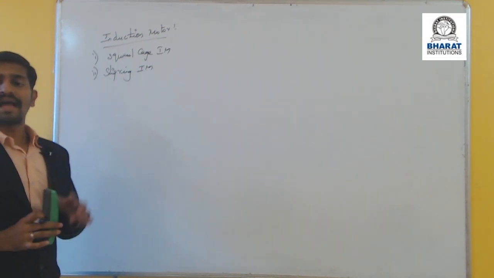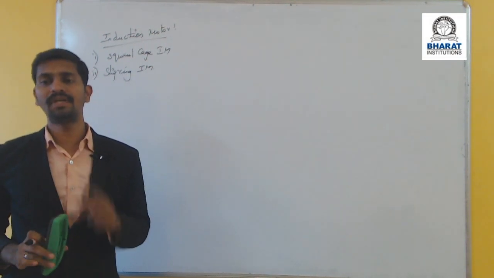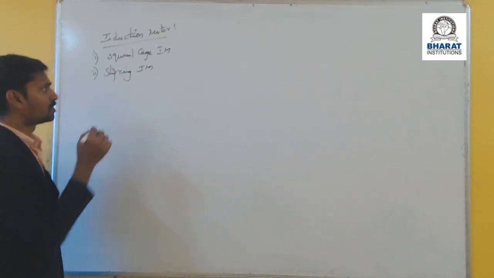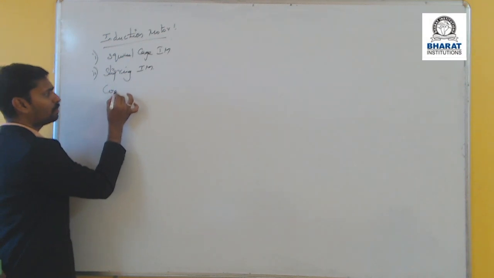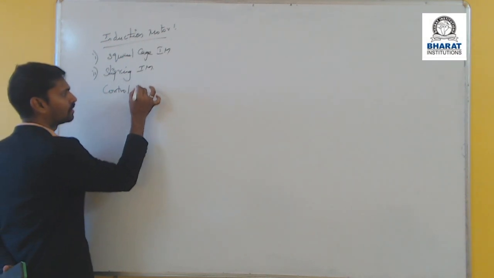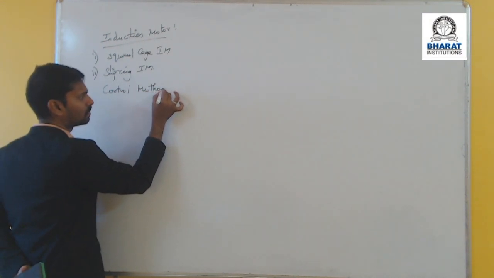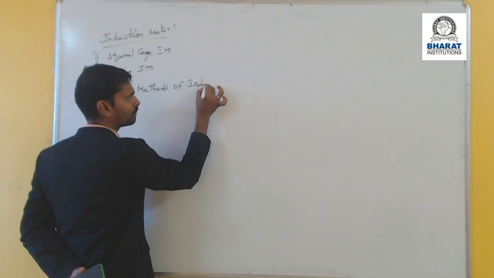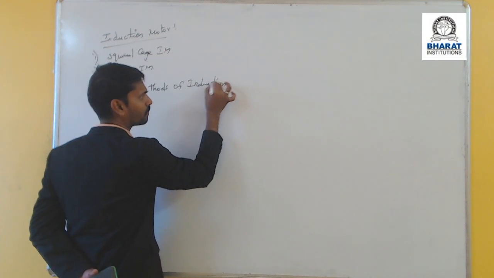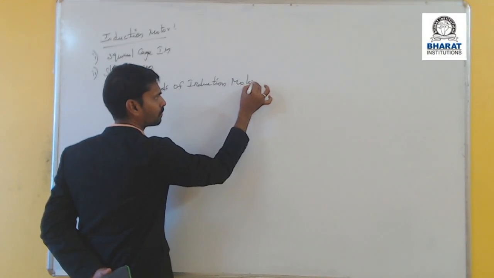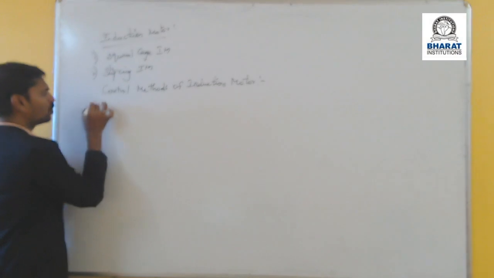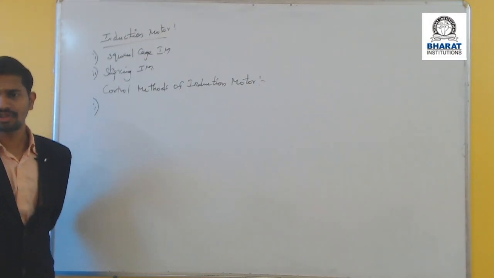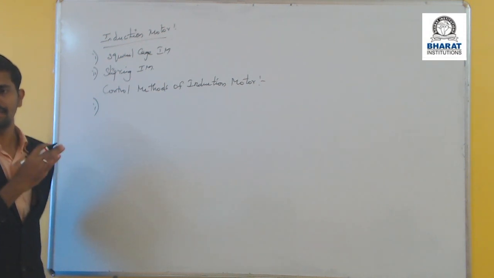The induction motor speed can be controlled with the help of two types of control methodology. By controlling the stator side parameters, we can control the speed of the induction motor.